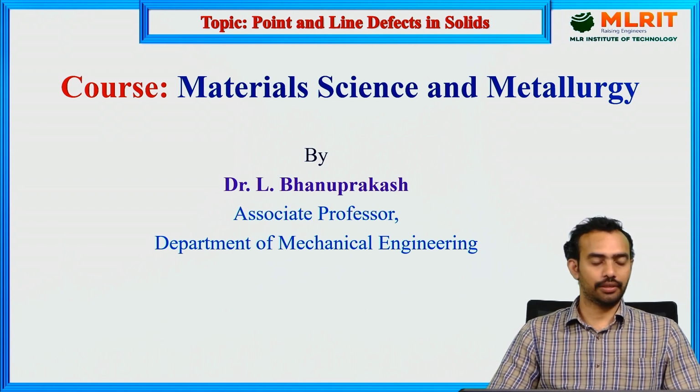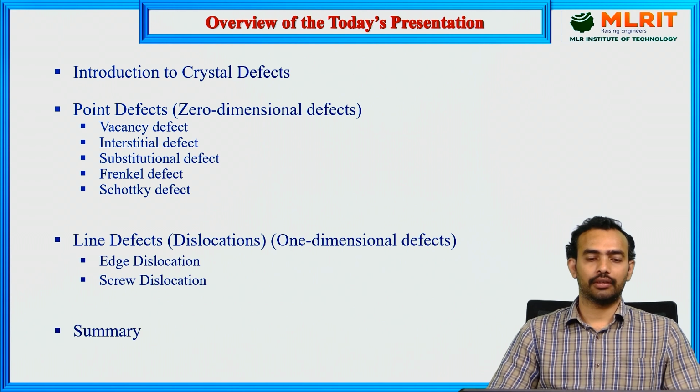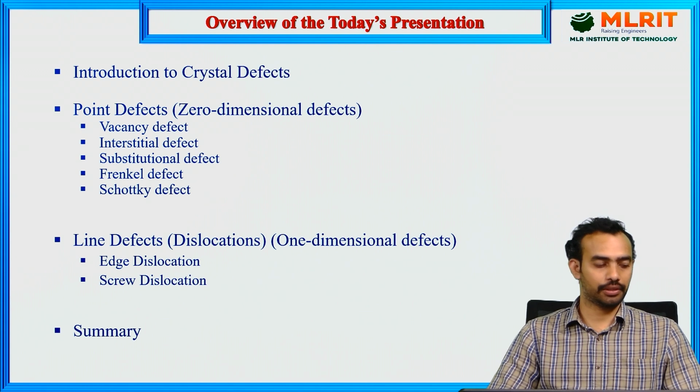So in today's session we will discuss in detail about point and line defects in solids. Here I'll show you the overview of today's presentation. We will recall what we discussed in the last class, that is the introduction to crystal defects. Then, in particular, we will discuss more about point defects and line defects.